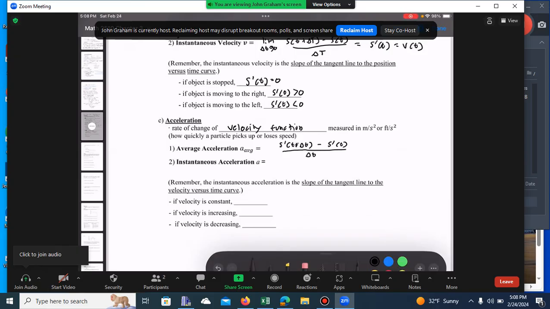Instantaneous acceleration is the limit as delta t goes to 0 of s prime of t plus delta t minus s prime of t over delta t. We'll call this s double prime of t, or you can write it as a of t for your acceleration function.